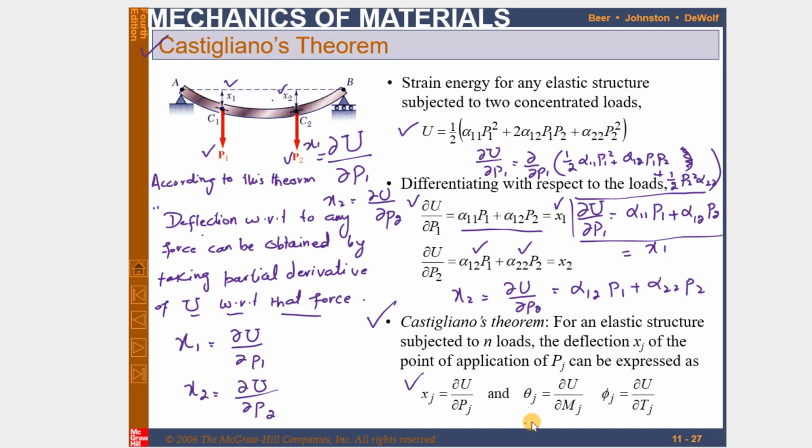Similarly, for slope, we have theta j equal to partial u over partial Mj, and for angle of twist, we have the angle of twist equal to partial u over partial Tj. Clear? And we have done this in our previous lecture, that is part 2 of chapter number 11.